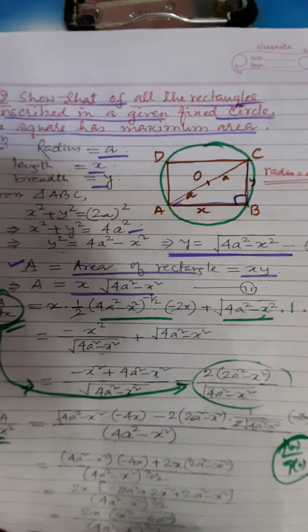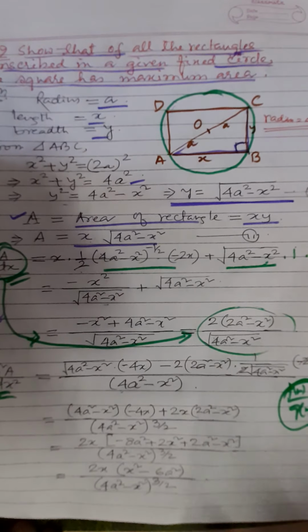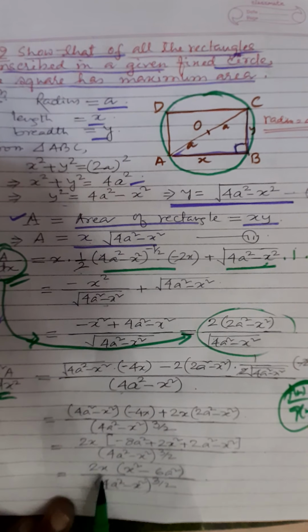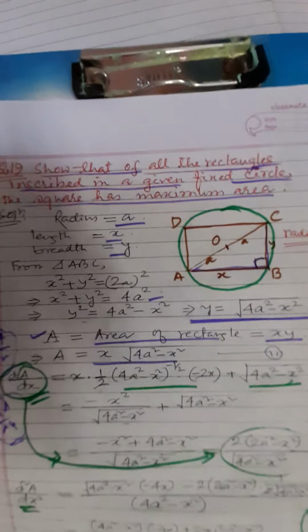That formula I have to apply. If we simplify, we are getting twice x into x square minus 6a square over 4a square minus x square to the power 3 by 2. So we are getting these results.